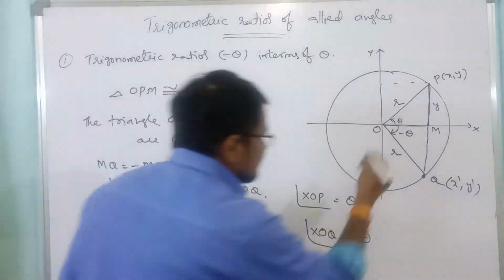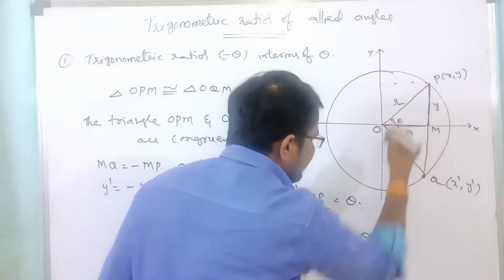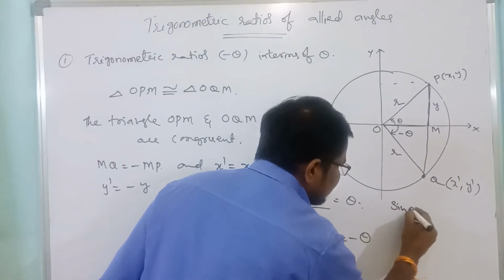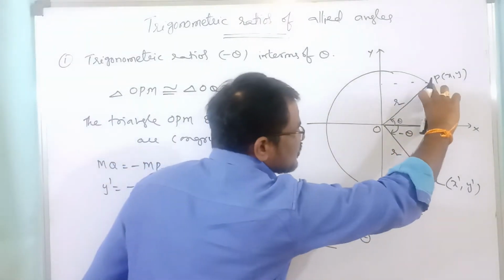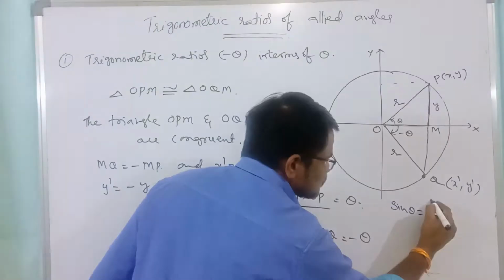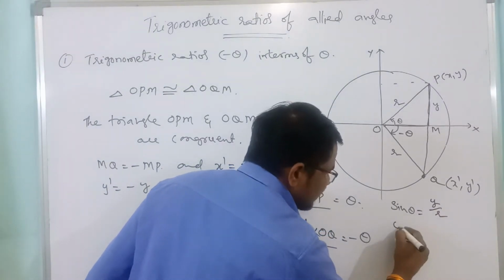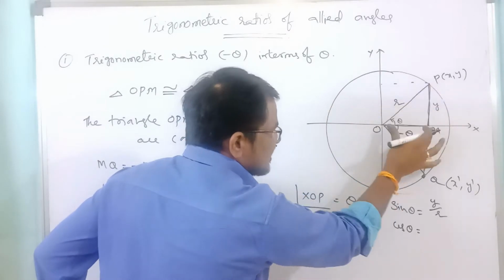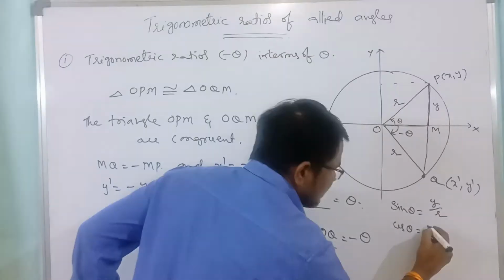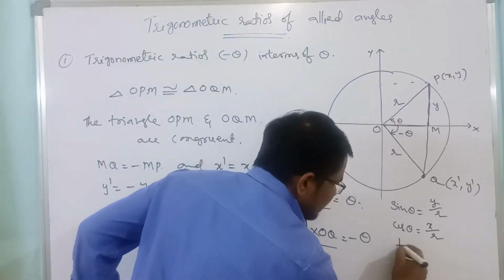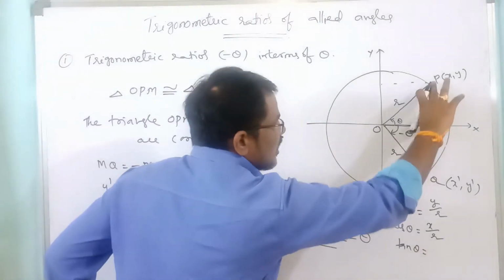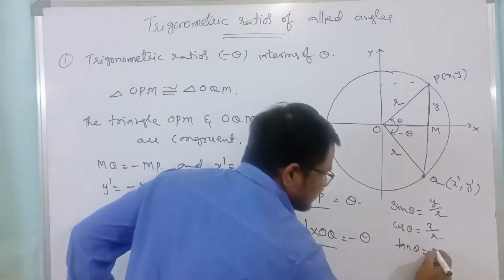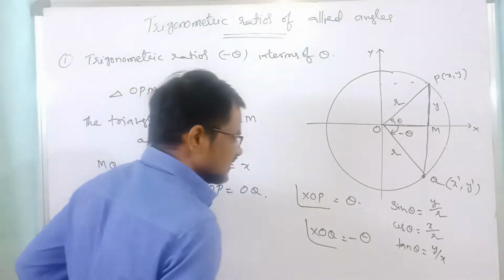Now from this triangle OPM, you can write sin theta equals, already we know, opposite side by hypotenuse, means y by r, and cos theta equals adjacent side by hypotenuse, adjacent side is x, so x by r. Next, tan theta equals opposite side by adjacent side, y by x, right?